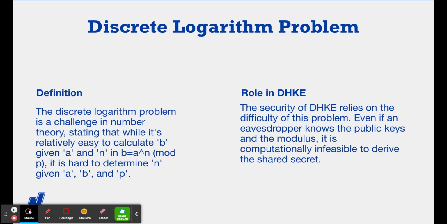However, finding n if a, b, and p are known is computationally difficult, especially when p is a large prime number. This one-way function forms the basis of security in the DHKE because even if an eavesdropper intercepts the public key and knows p, they can't feasibly compute the shared secret without one of the private keys.